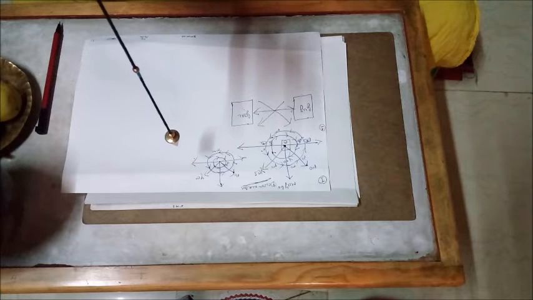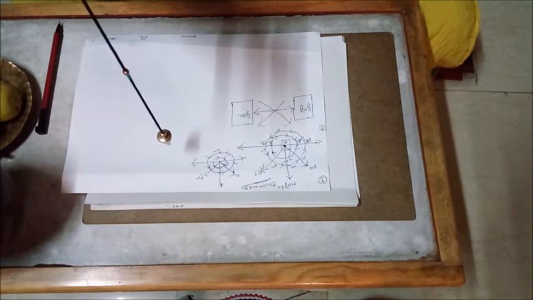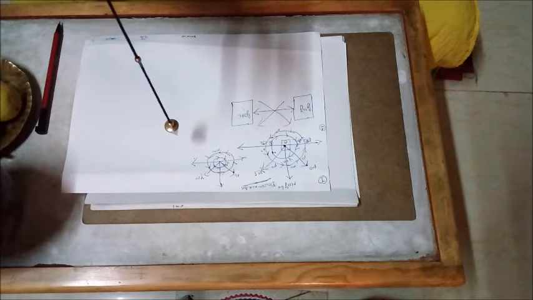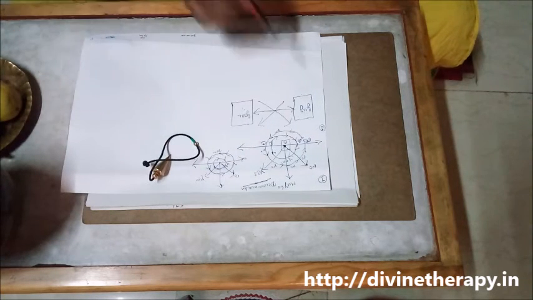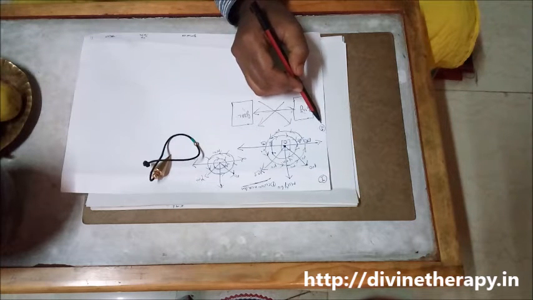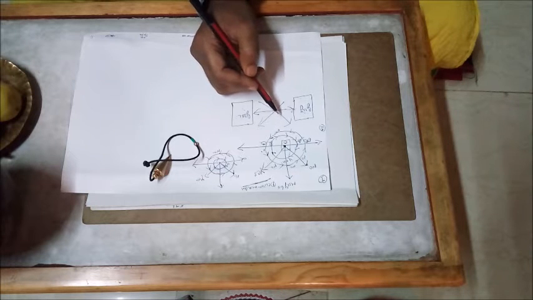This is a super forecasting, super decision making dowsing tool. It is the best tool you can get, there is not much investment, and it will give you a perfect answer and perfect direction.